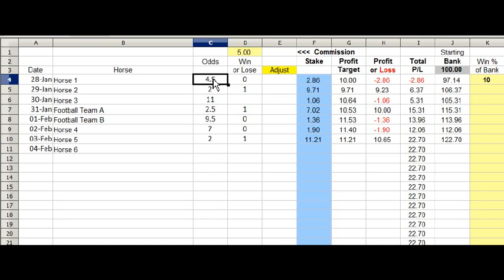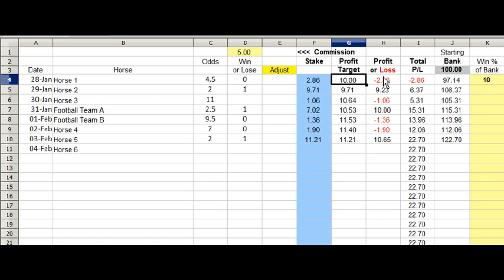As you enter these odds, you get some stake sizes here, so these are the stakes that you would be putting in Betfair. This is the amount of winnings that you're aiming for. So if you have a bank of 100 and you're aiming for 10% of that, your profit target will be £10, of course.